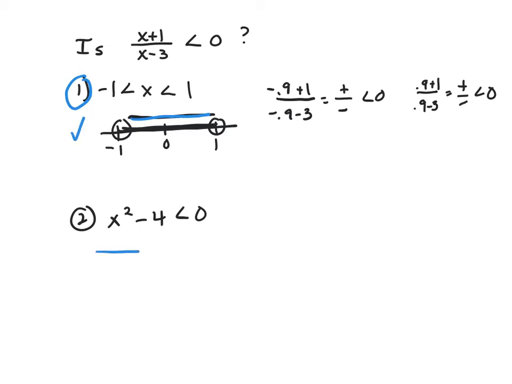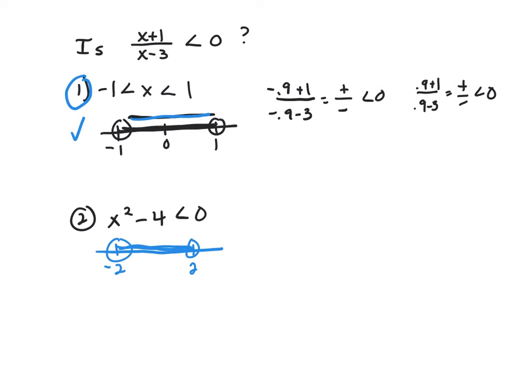Clue 2, okay, you have to choose x values where x squared minus 4 is less than 0, and that's only going to happen between -2 and 2, right? Any of those x values in there will, when you subtract 4, give you less than 0.